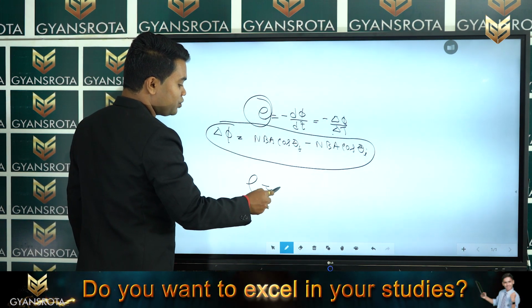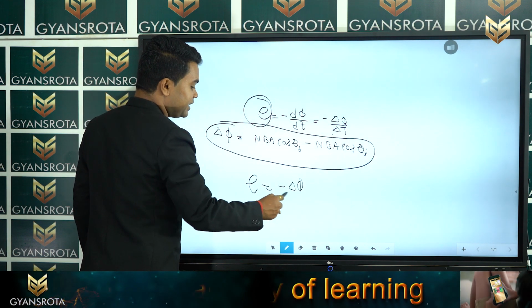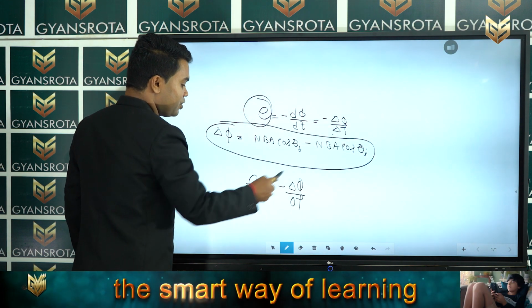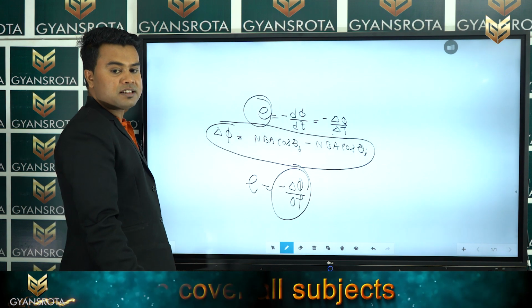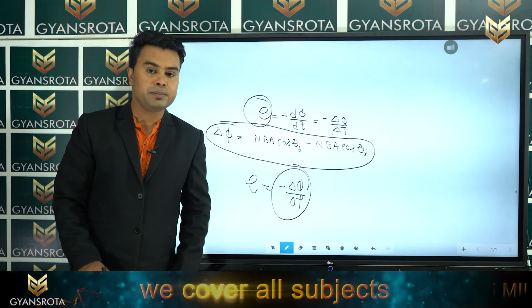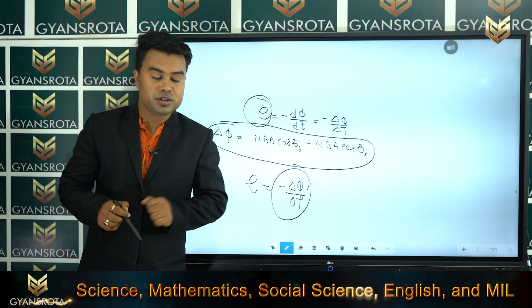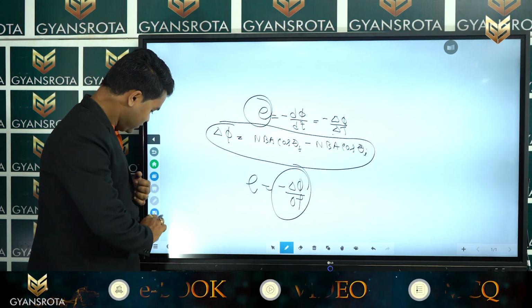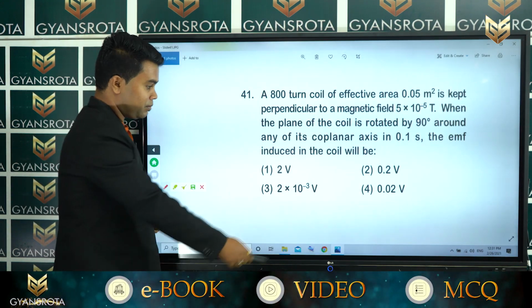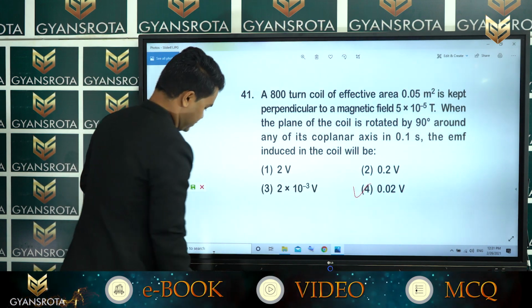EMF will be equal to minus Δφ by Δt. So put the values and get the answer. Your answer will be 0.02 volt. You just have to solve this one. So finally, if I solve, option number 4 is the correct answer.